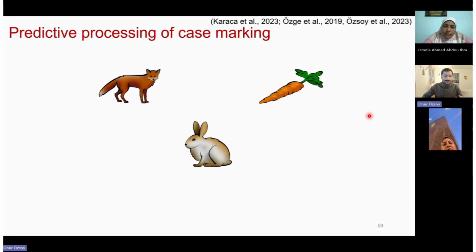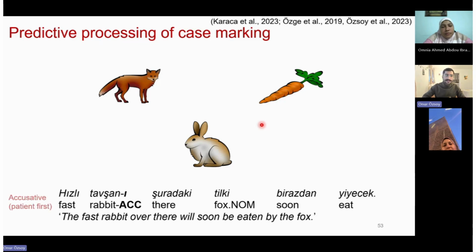So this is what participants see in the study. They see, for example, 3 images with a fox, a rabbit, and a carrot. And while they see these images, they hear a sentence like this. Maybe there are some Turkish speakers. I've met a few Egyptians who speak Turkish, but usually in Turkey. So I'll read out the Turkish as well. Hızlı tavşanı şuradaki tilki birazdan yiyecek.